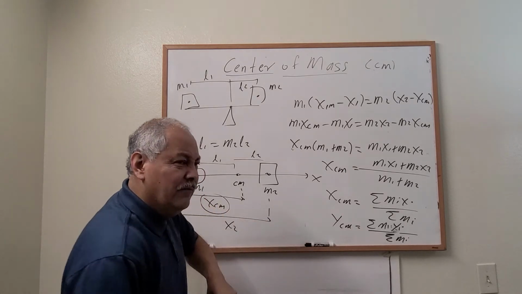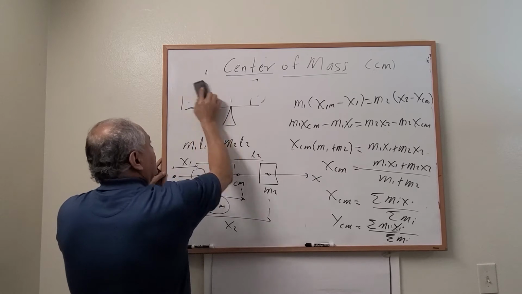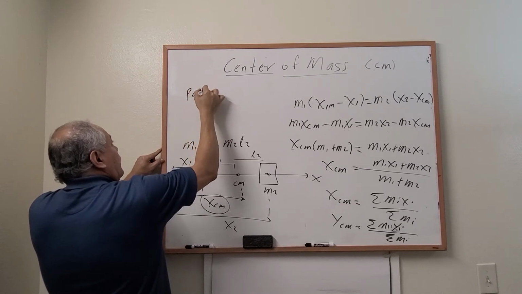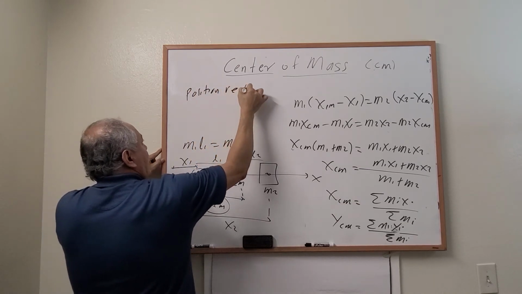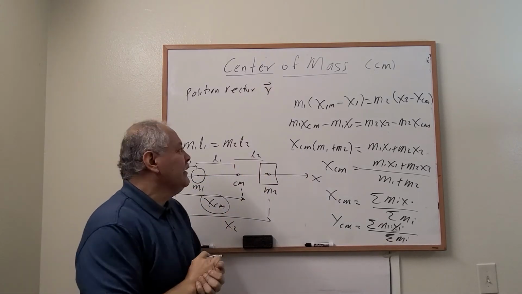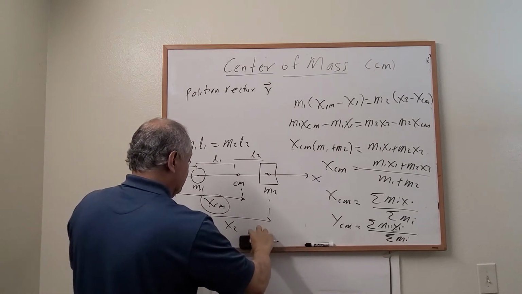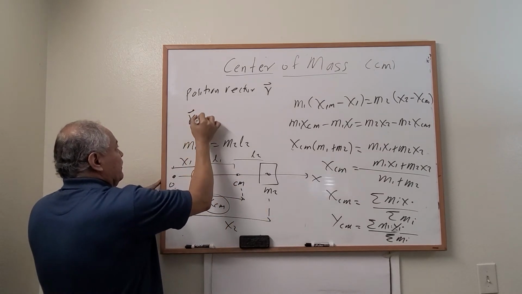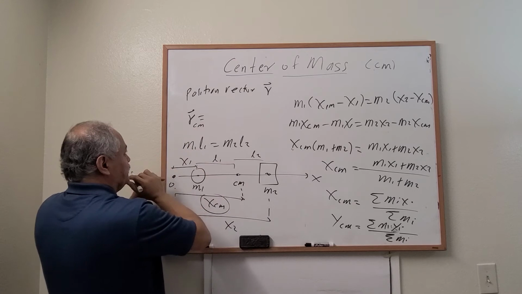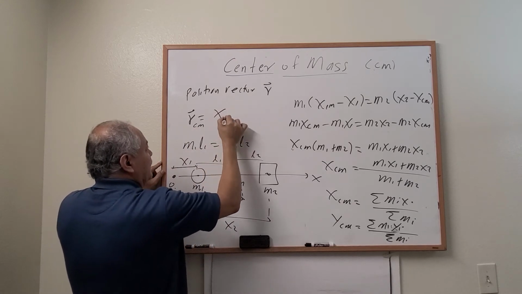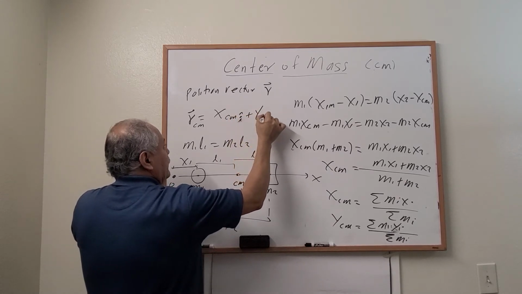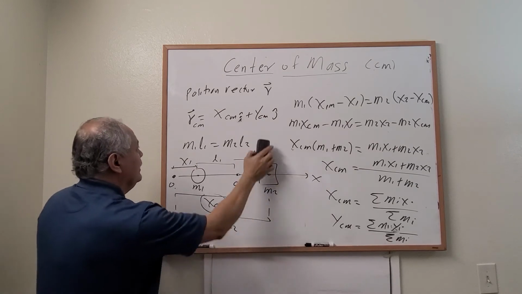Also, we can do the same thing using the position vector. Remember, the position vector is r, generally in 2D. Let's work in 2D to make it easier. So what do we have then? The position vector of the center of mass is equal to, by definition, x i hat plus y j hat. Perfect.